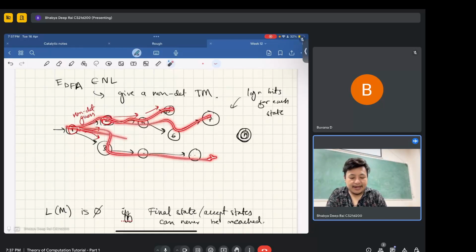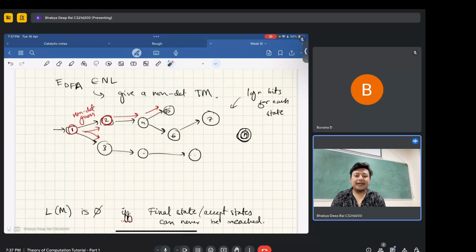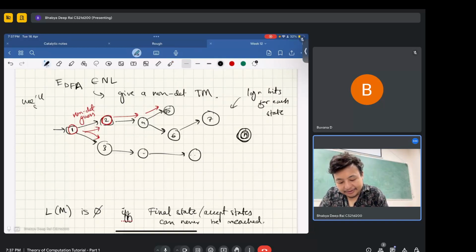This corresponds to unreachability. Okay, I'll do it in the other fashion. Let's say I reach a final state, then I'll say yes. We'll show E_DFA is in co-NL.